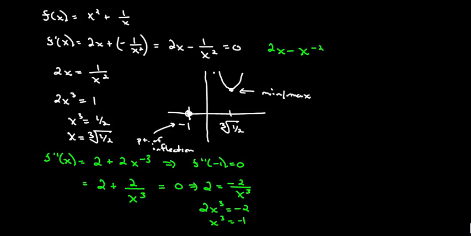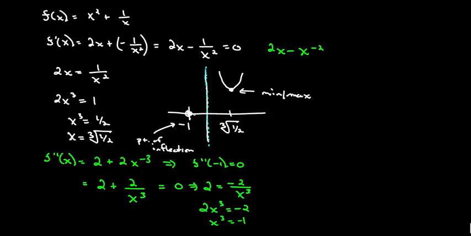Okay. Now we know the function's not defined when x is 0. So we either have a hole or a vertical asymptote, and we're going to have a vertical asymptote here. Okay, and so now the question is, are we coming up like this, or are we coming down like that? But that's easy to tell.